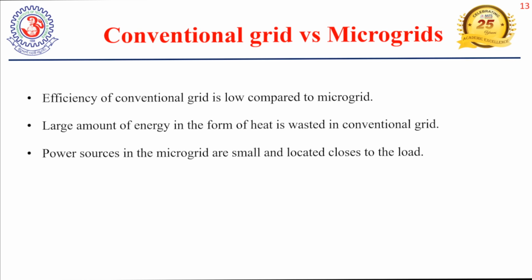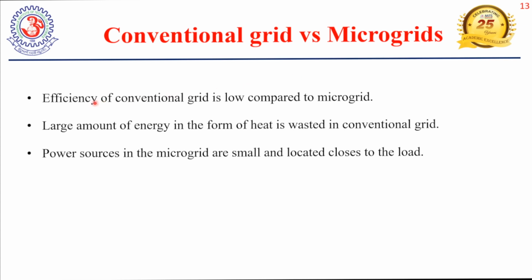So next we will compare the conventional grid versus the microgrid. Already I mentioned that the conventional grid we can also call the utility grid, or the normal grid. But here mostly we are focusing on the microgrid. So now we are going to compare the microgrid versus conventional grids.